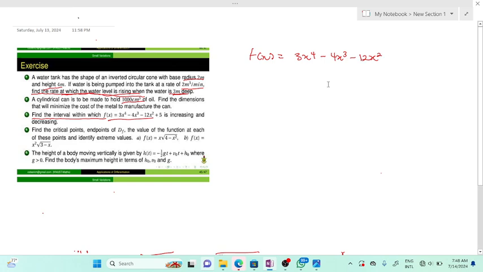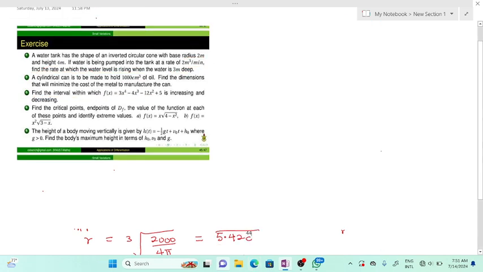So f of x, let me write it here. Okay, so let's continue with the third one.